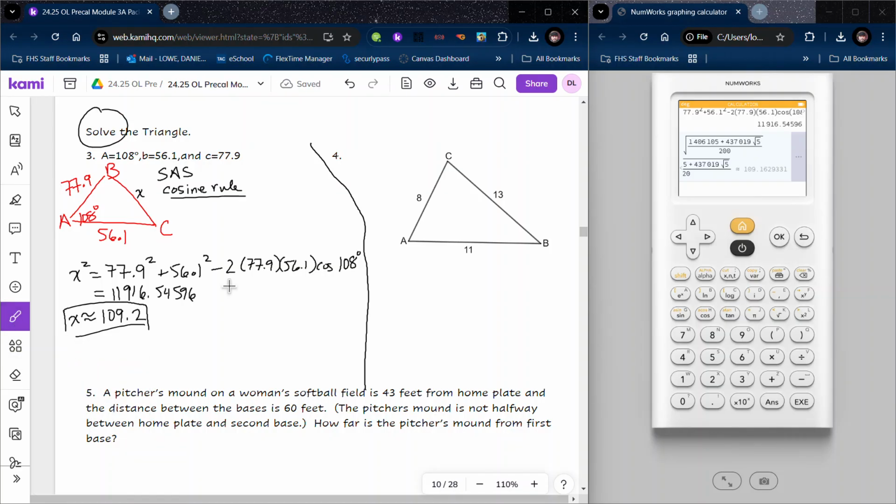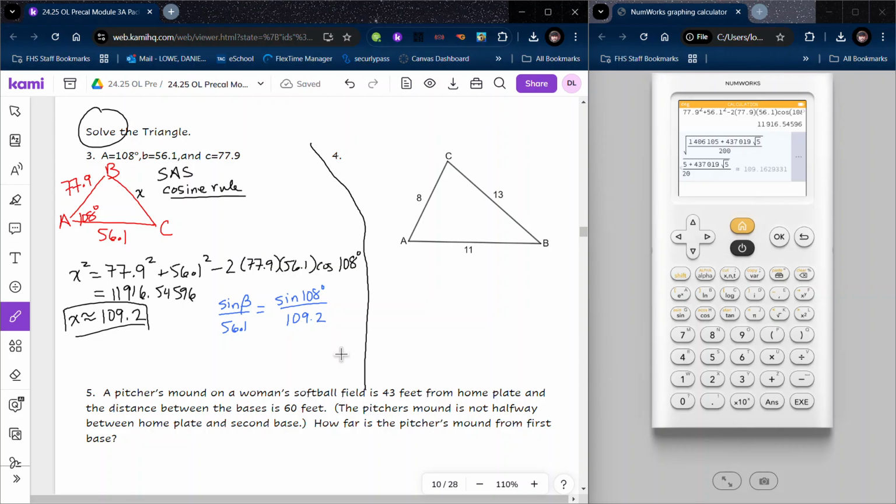But it says solve the triangle, so I need to also find my angles. So what's my next piece? Well, I need to find the angles. I know that the sine of angle B all over 56.1 must be equal to the sine of 108 degrees all over that 109.2.